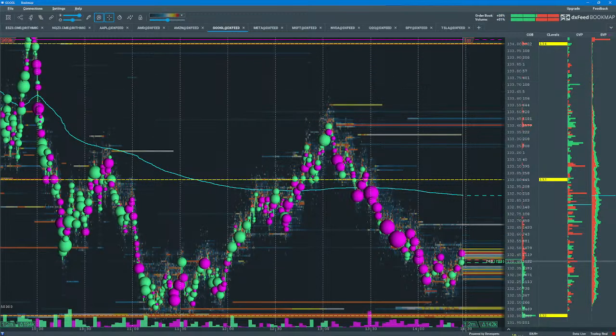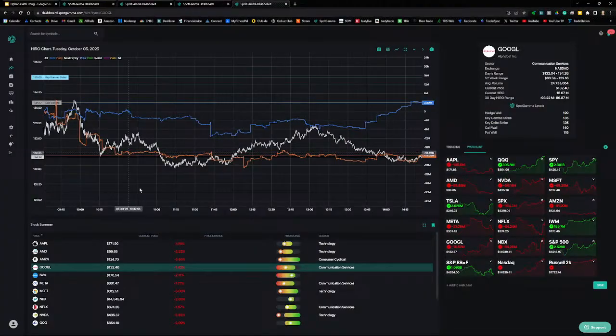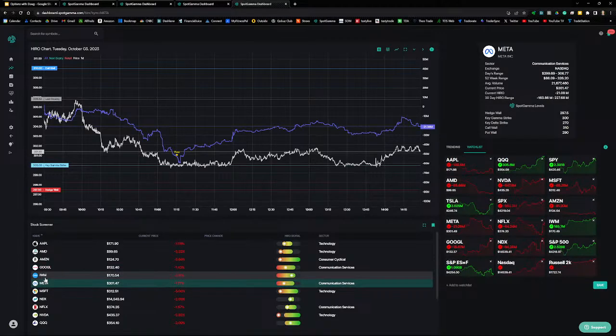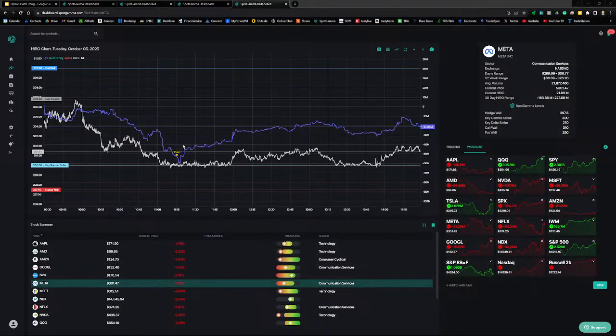All right, let's go back to Hero. Take a look at the total signal. Go to Meta. Looks like overall the Hero signal has shifted slightly higher, still negative notional value for the day.